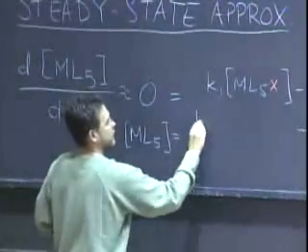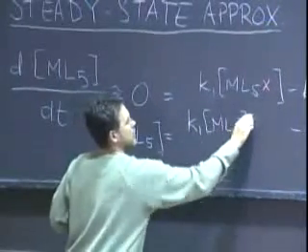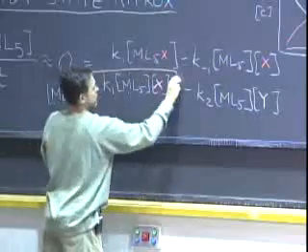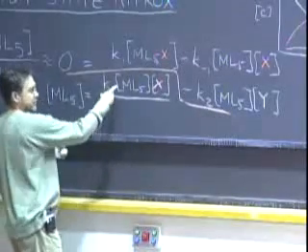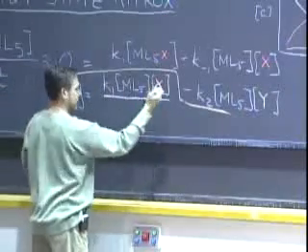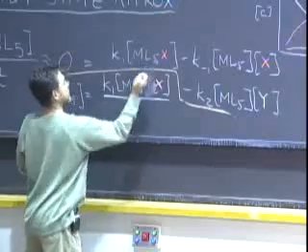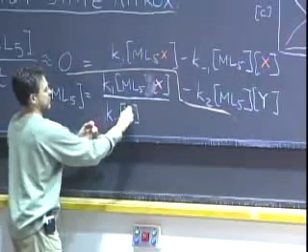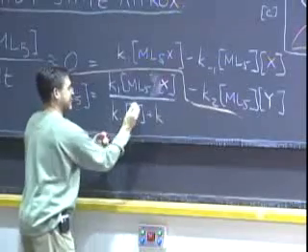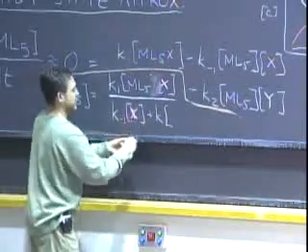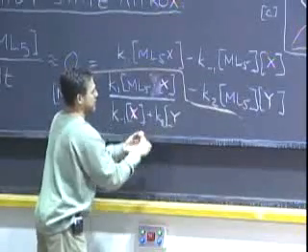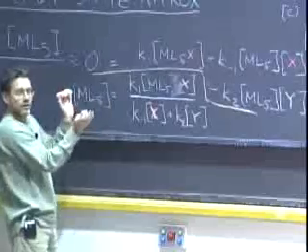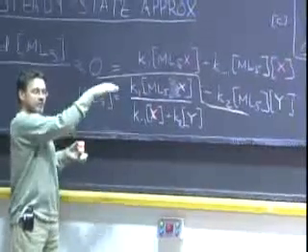ML5 becomes equal to K1 times ML5X divided by K minus 1 times X plus K2 times Y. So the expression in the denominator here are those two quantities that take us out of the well, and on the top we have the one quantity that takes us into the well from the starting materials.